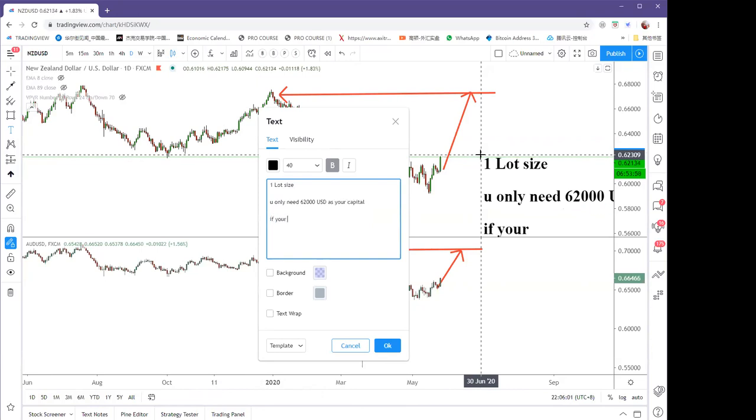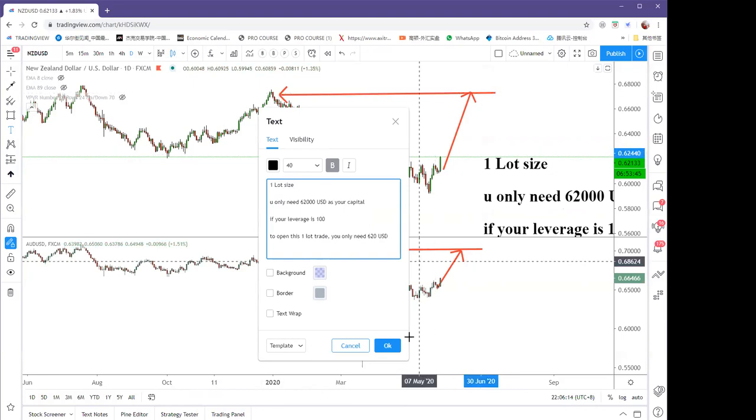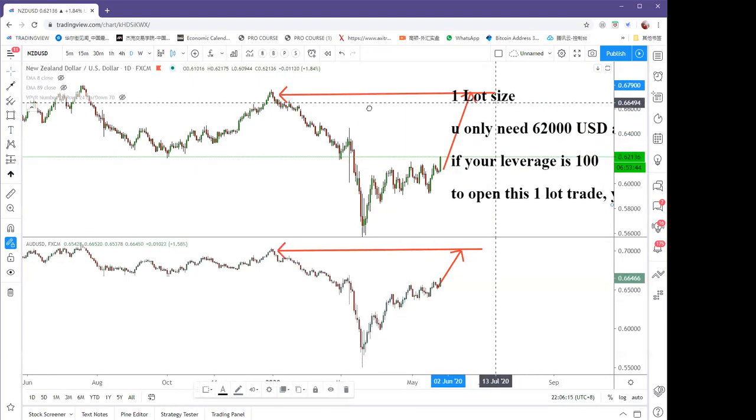And if your leverage is 100 times, to open this one lot trade, you only need 620 US dollars. Do you understand?